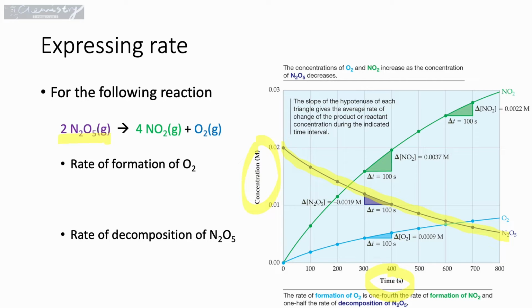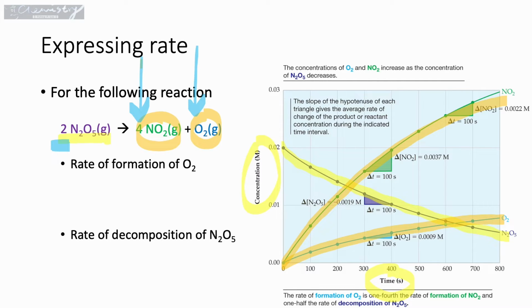On the other hand, nitrogen dioxide and oxygen are the products that are being formed. So when we look at their concentrations, we can say they are increasing, but they are increasing at different rates. The NO2 is being produced faster because for every 2 equivalents of N2O5, 4 of NO2 are being produced and only 1 of O2 is being produced.